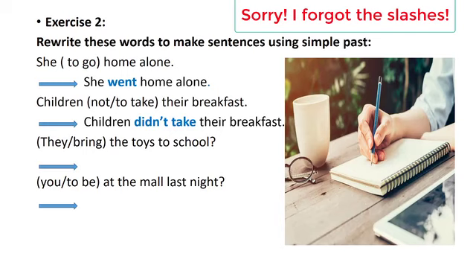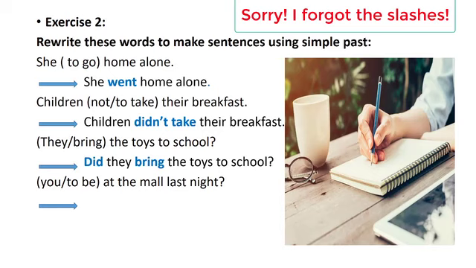They bring the toys to school. And you have interrogative form. Okay, I'm waiting. What do you use to make interrogative forms? You use the verb to do in simple past, which is did, and then the subject, and then the verb. Do you remember? So let's hear your answers. Good. Did they bring the toys to school?